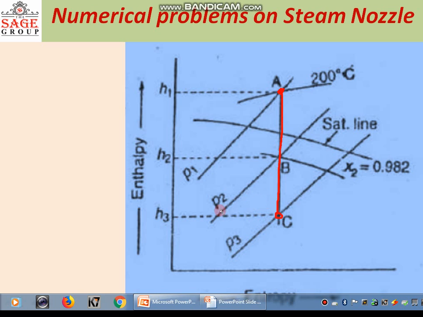Also we know the pressure at the throat, P2, is the critical pressure, so this constant entropy line will meet P2 at this point. Corresponding to this point we can find the dryness fraction, that is x2 equal to 0.982.